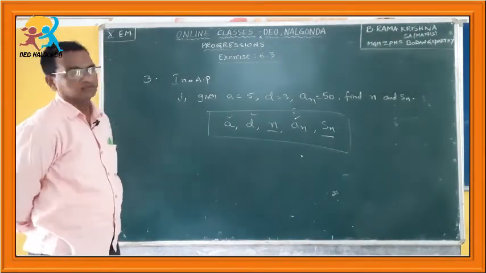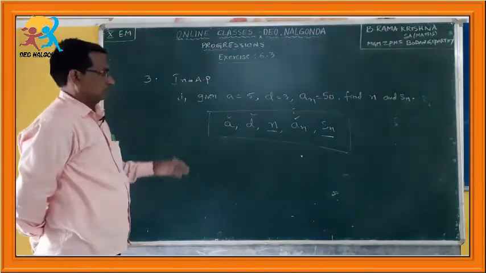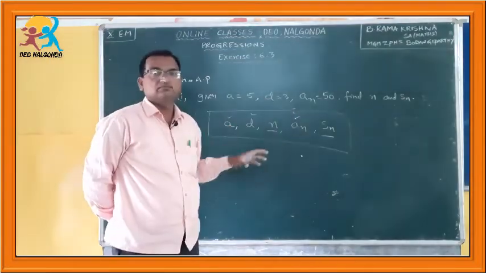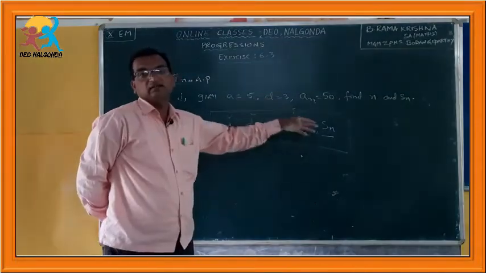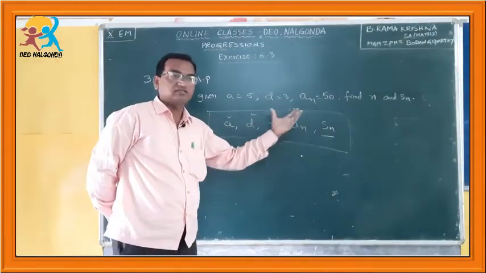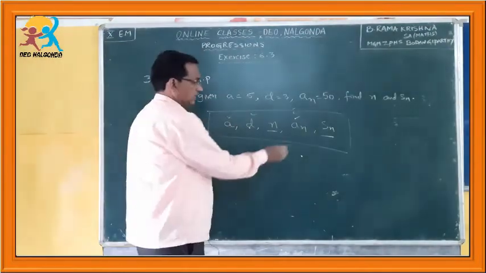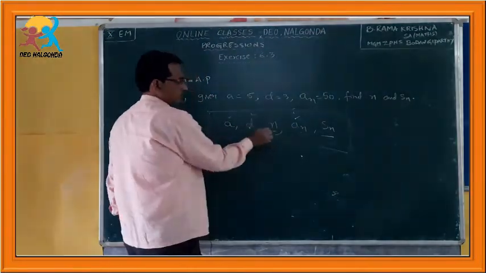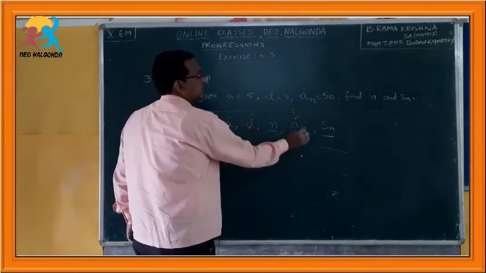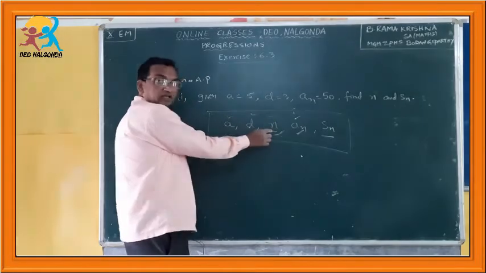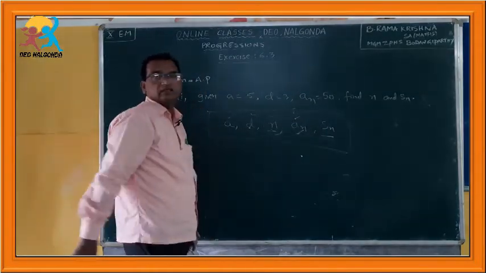How to find them? Just simple. Whatever you can calculate using An, you calculate, and later you calculate Sn. Here A, D and An are given, so you can calculate n using the An formula, and after finding n you can go for Sn.